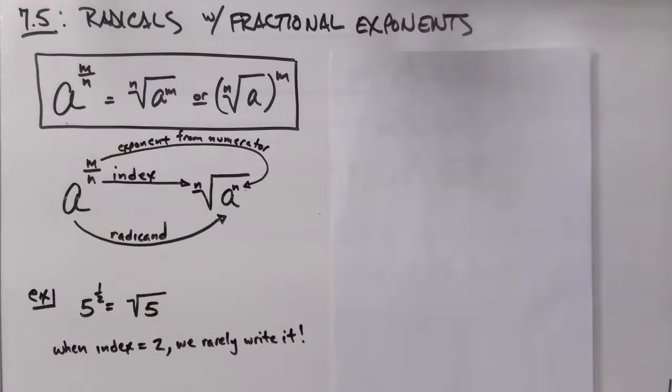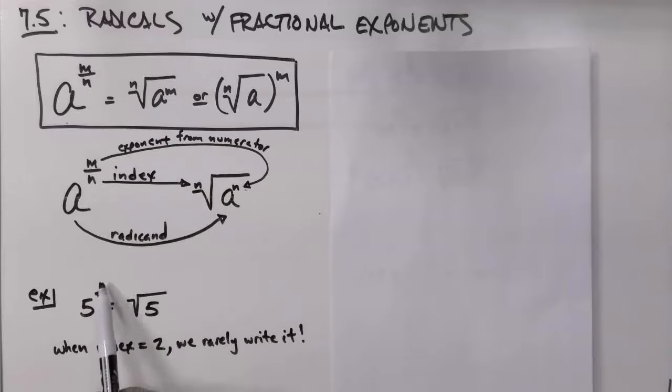So right here, whenever you see 5 to the 1/2, that actually is the equivalent statement of the square root of 5. Now, the square root of 5 is not a perfect square. We would just leave it like this. You should know it's a little bit more than 2, but you can see that the denominator of 2 is the index of the radical, but we don't write it, because when the index is 2, we rarely write it. In this textbook, though, you will see it a fair amount in this chapter.